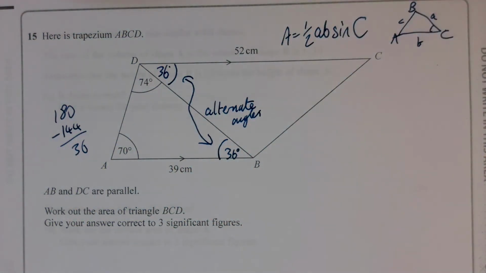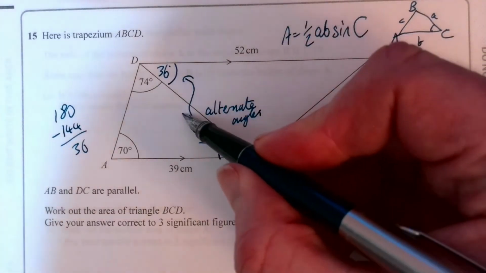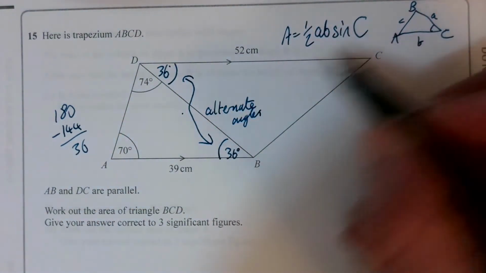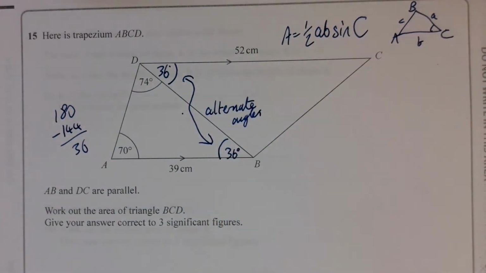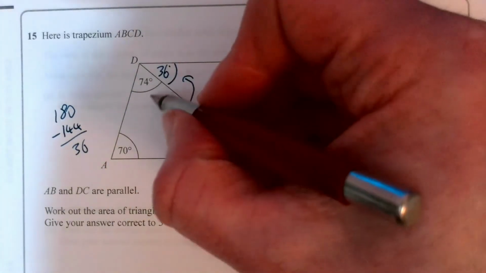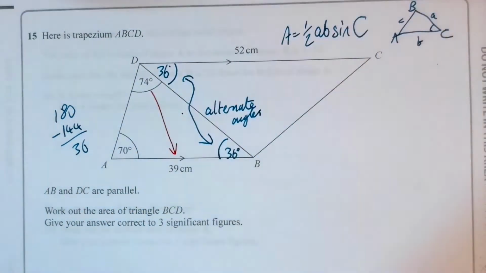Now that I know that, all I need is this side here, and I can do this to find out the area of triangle BCD. So I'm going to need to use a bit of trigonometry again to work that out. And the one that it's going to be is the sine rule, because I've got that one with that one, and I can have that one with that one.